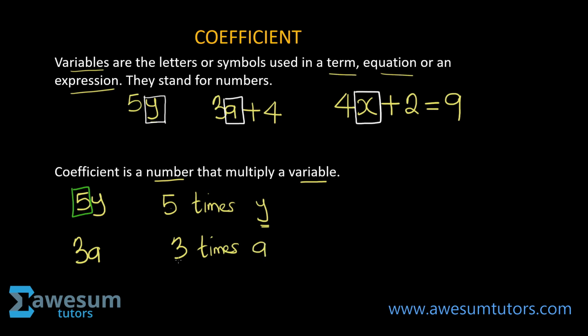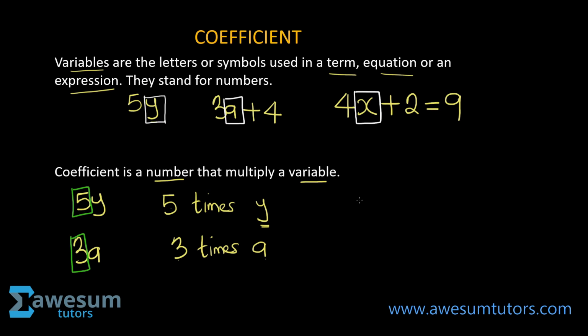Coefficient is the number that multiplies the variable. Therefore, 3 is going to give us the coefficient of a. So if you are asked what is the coefficient of a right here, your answer is 3. I hope you all are getting this concept.